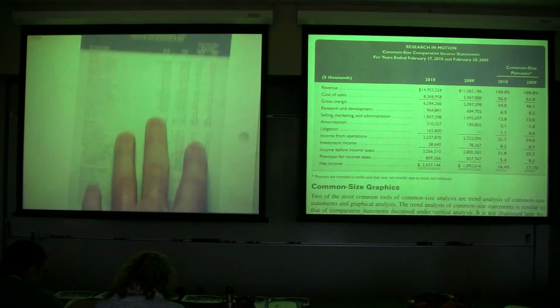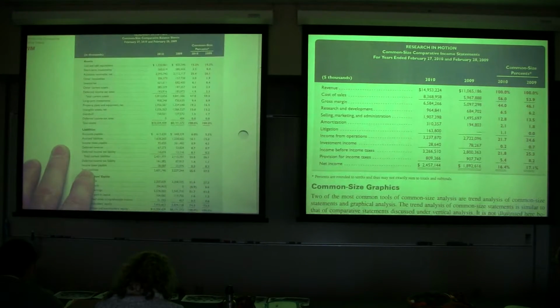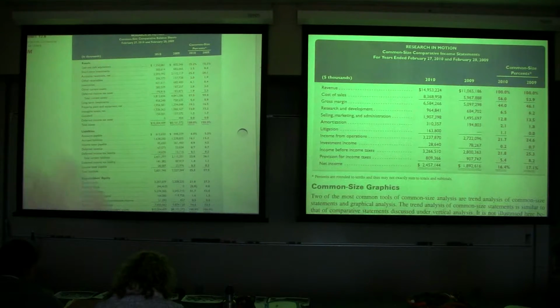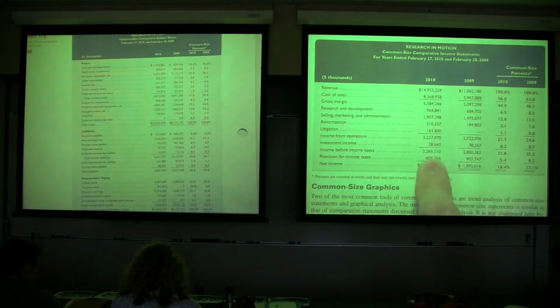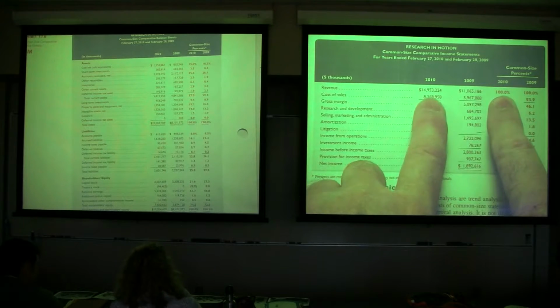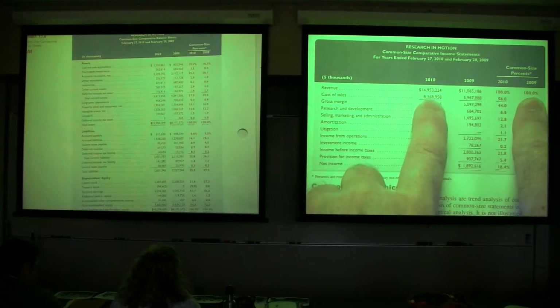I think it's easiest to see with the income statement because what's happening here now is the fact that, notice that revenue, so here we have 2009, here we have 2010. Notice that revenue is 100%.